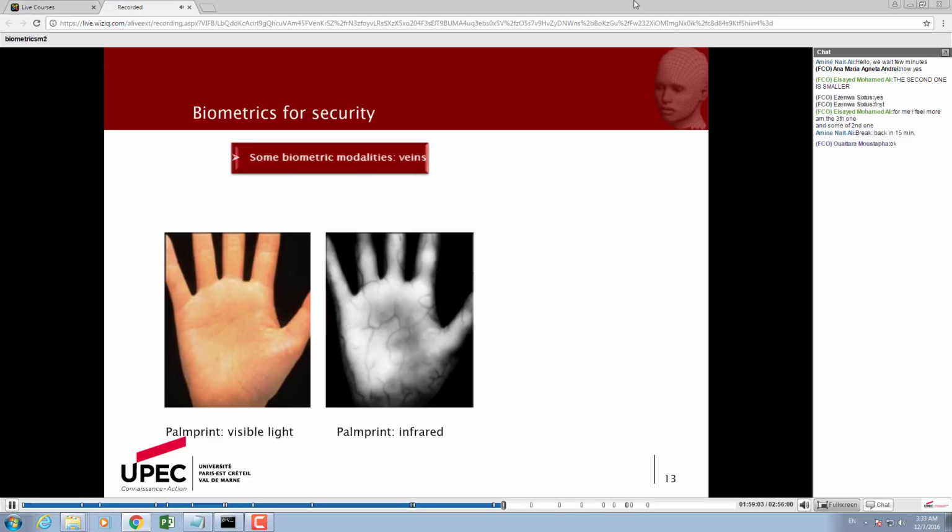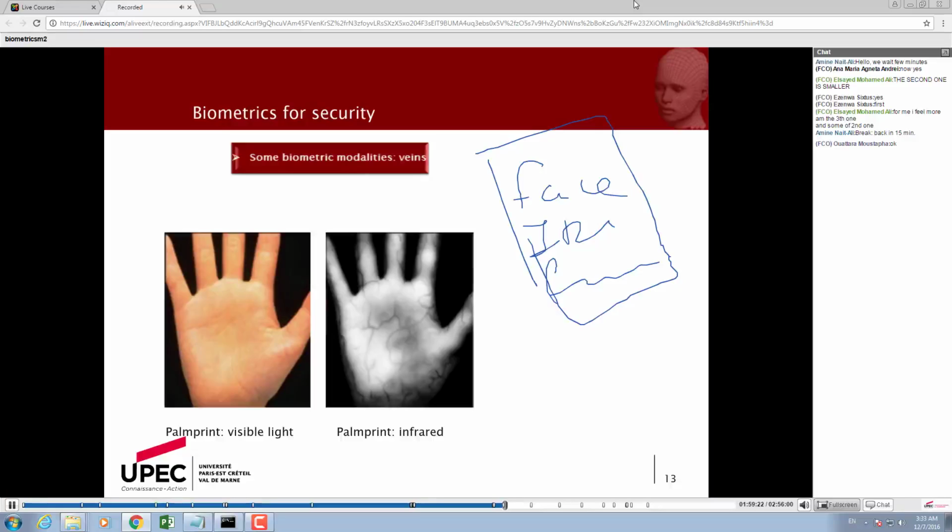So you have to understand here, when we talk about biometrics for security and different modalities, sometimes in terms of image processing, you can use some methods, some algorithms that are very close. So someone who is comfortable in image processing, whatever the modality, can work on face, iris, or fingerprint.